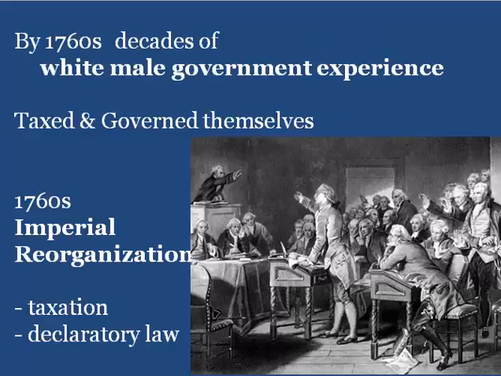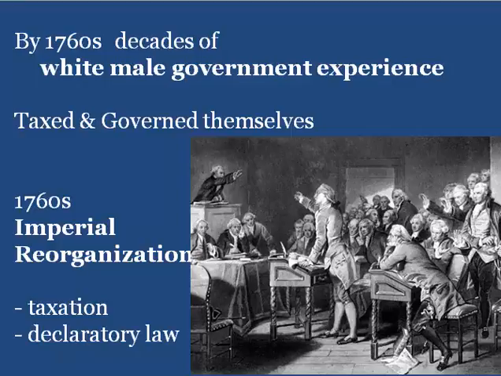So by the 1760s, after decades of white male government experience in colonial America, in which they had taxed themselves, they had governed themselves, they had argued over local and colonial issues, when the British Parliament tried to reorganize its whole colonial system after the 7 Years' War with France, the British Parliament was broke.